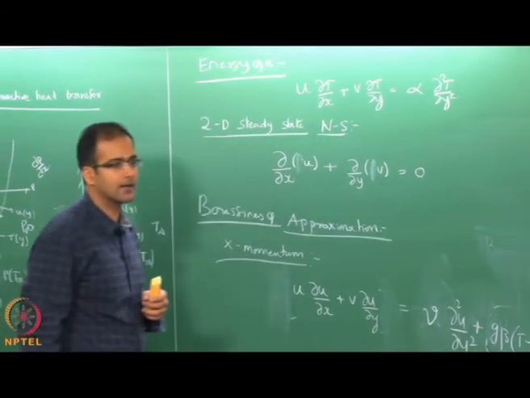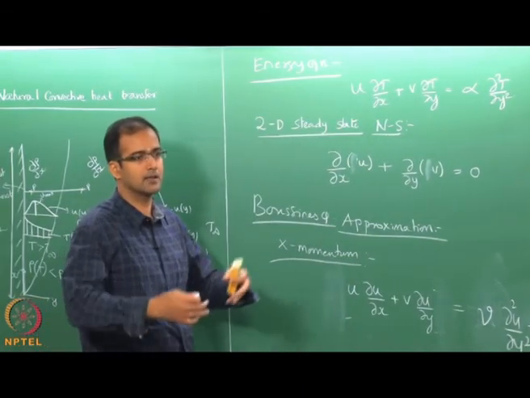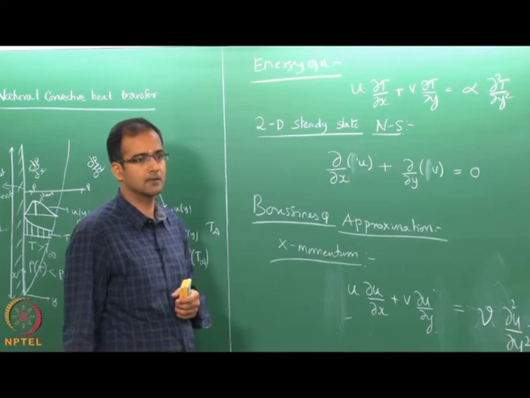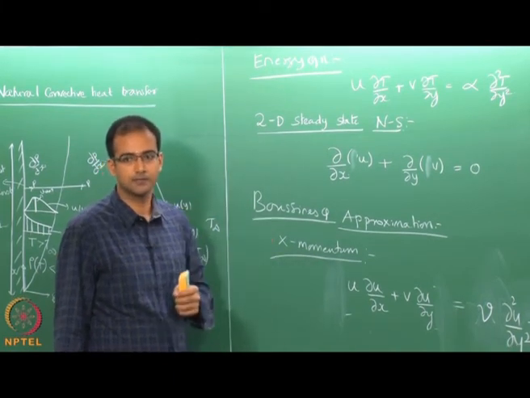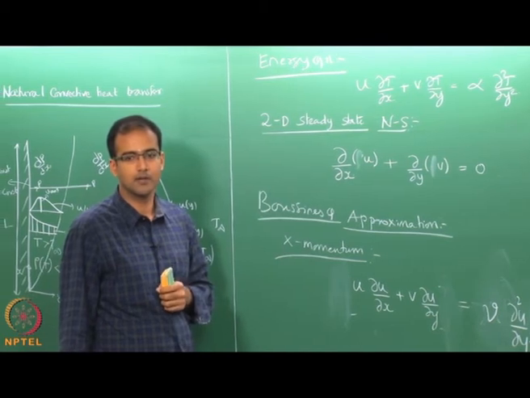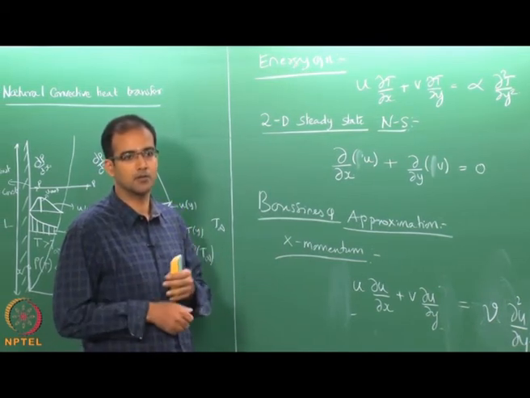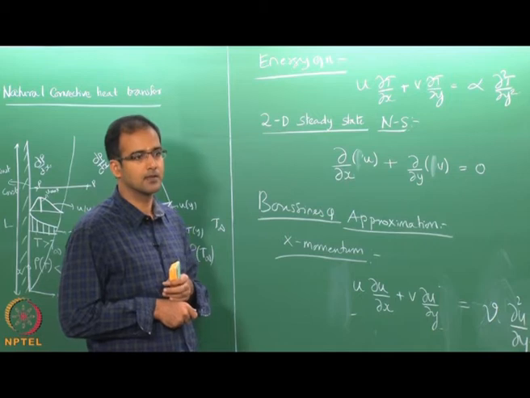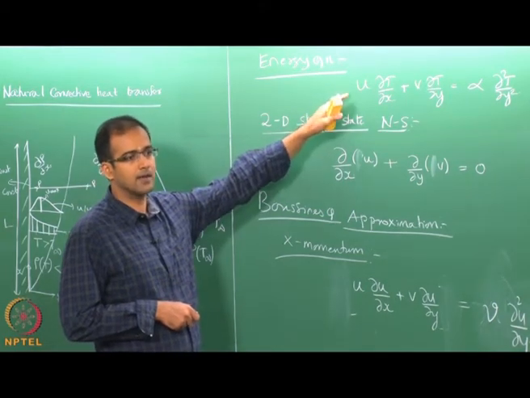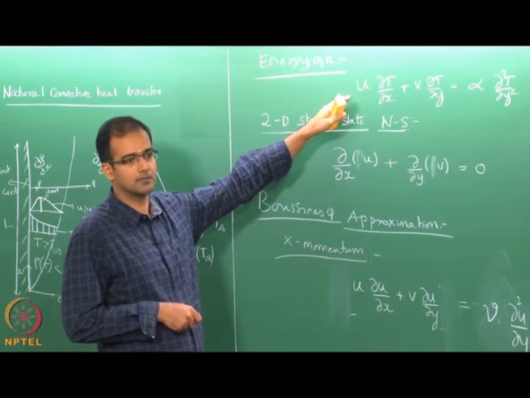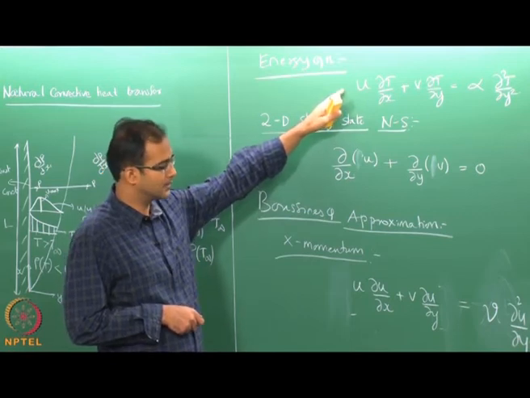You can neglect heat diffusion in the x direction with respect to y, and also neglect viscous dissipation, since we are talking about small values of the Eckert number. In that case this will be the same as your external laminar forced convection past a flat plate. So, this will not change.